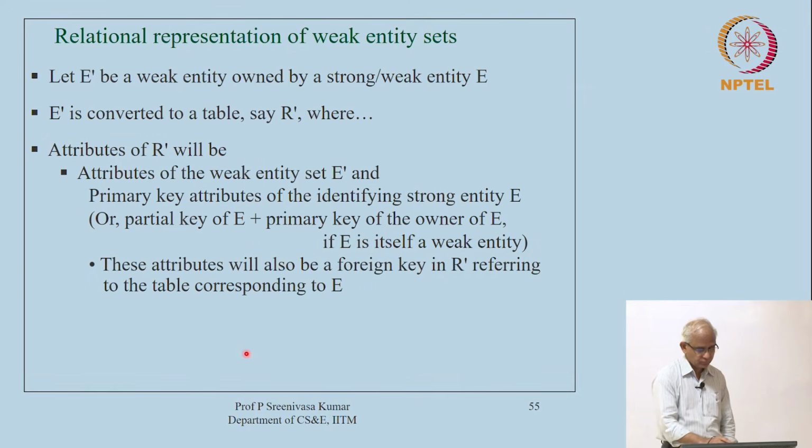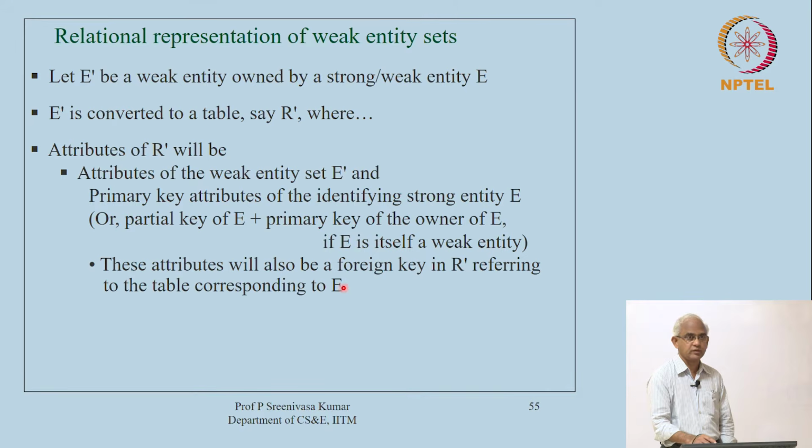Now, these attributes, the primary key attributes of the identifying relationship, will in fact also be a foreign key in R prime referring to the table corresponding to the owner entity.